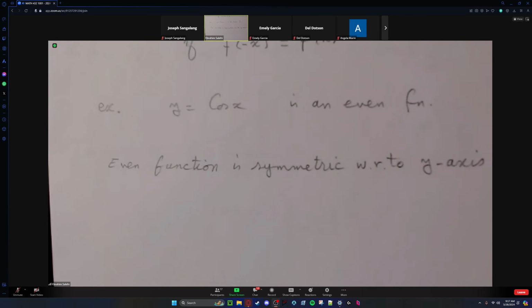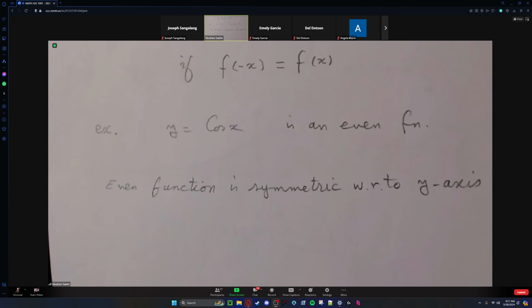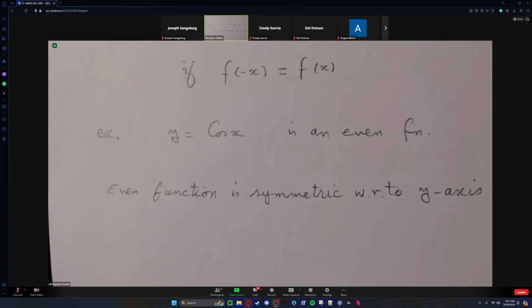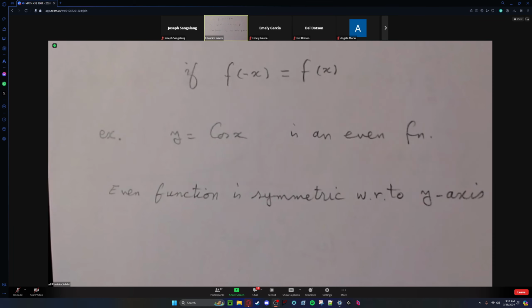And the good example, of course, is cosine, or I will give you more examples. Here is y equal x squared.